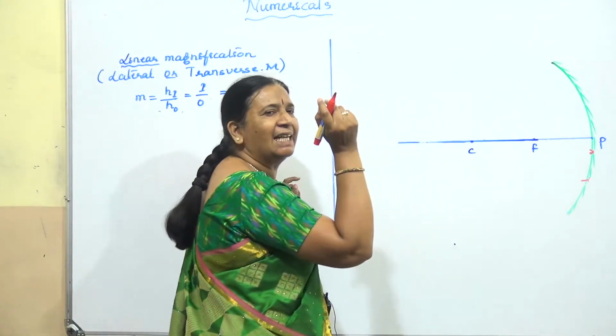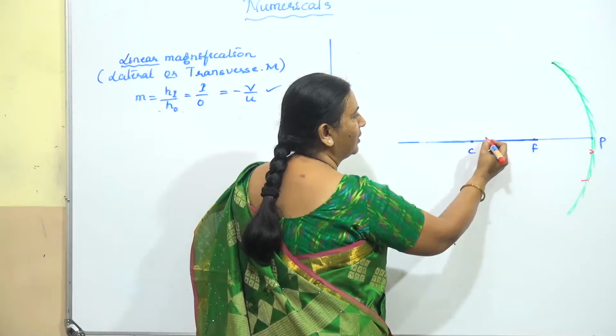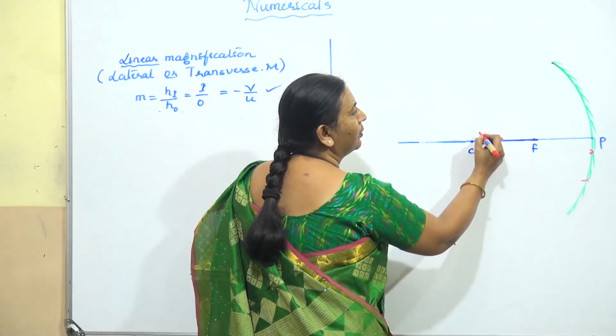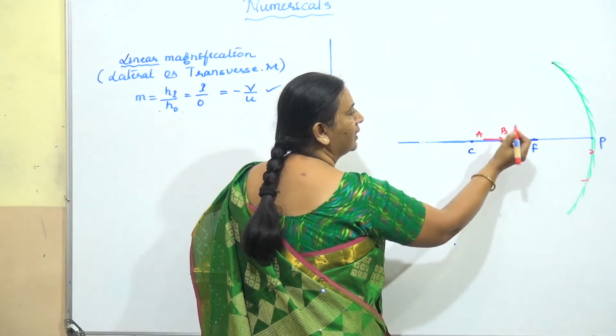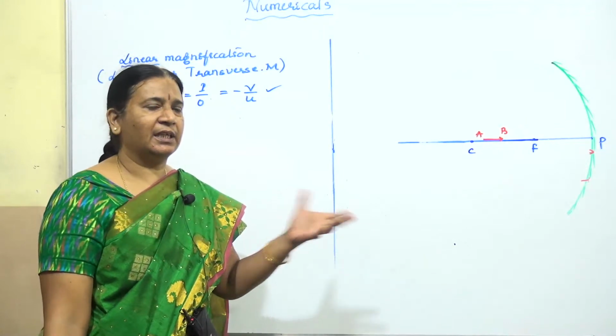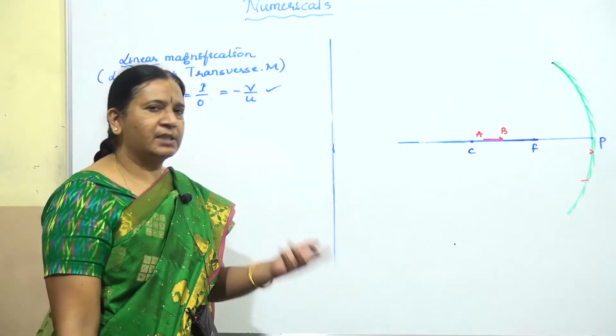Imagine a small needle or a pin I am keeping like this. So this is my object AB. First I'll give a rough idea, then I'll go for a standard form.